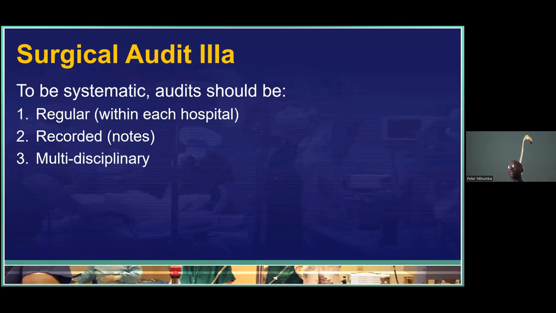It also allows the team that is present, the peers, to look at previous activities, QI processes that have been undertaken in previous audits to review progress. So to be systematic, audits should be regular. They should be recorded with clear notes on action points and timelines, and multidisciplinary.